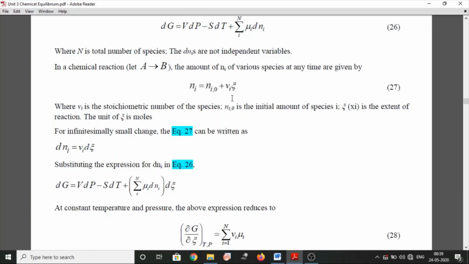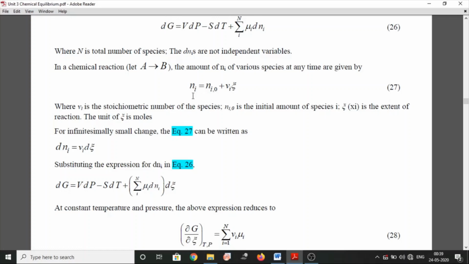Now there are a lot of new terms here. Again I am repeating. For any chemical reaction, the number of moles at any time is given as the number of moles at the starting stage plus the number of moles that has developed as a cause of the chemical reaction.